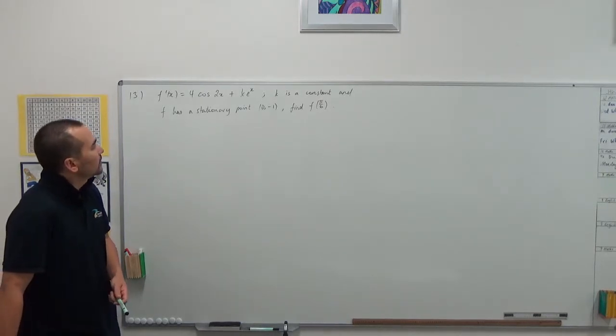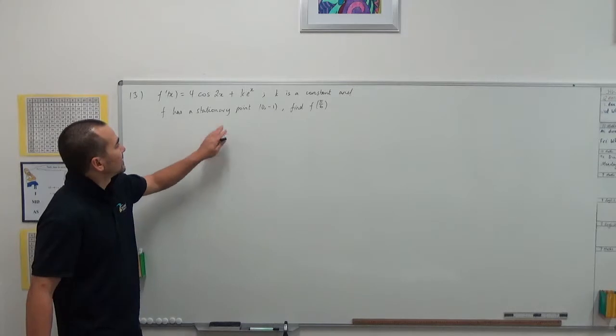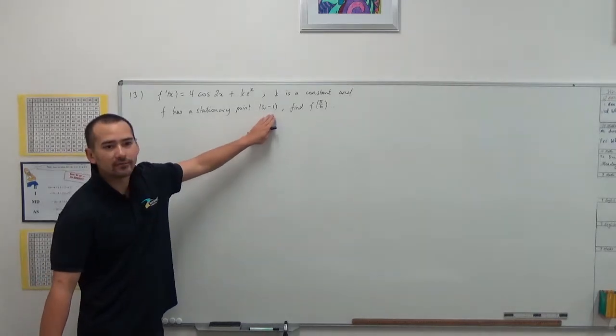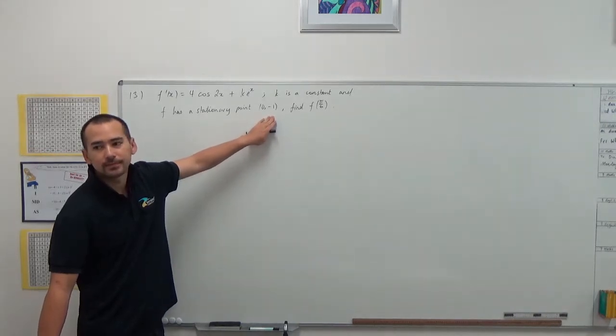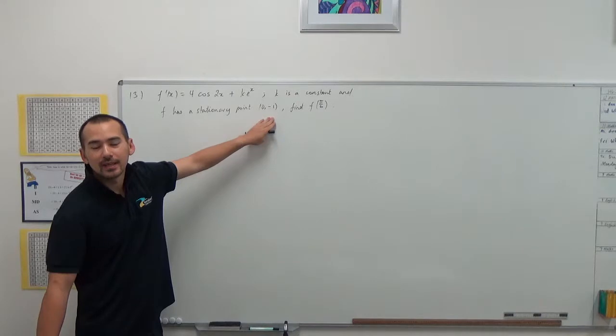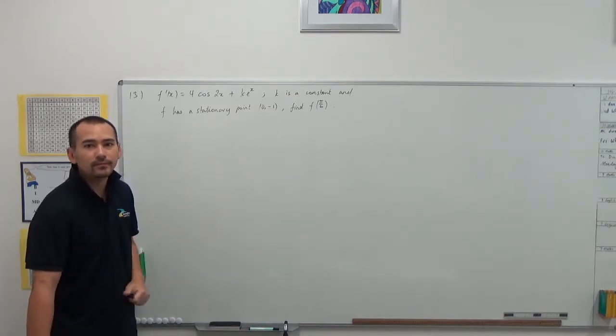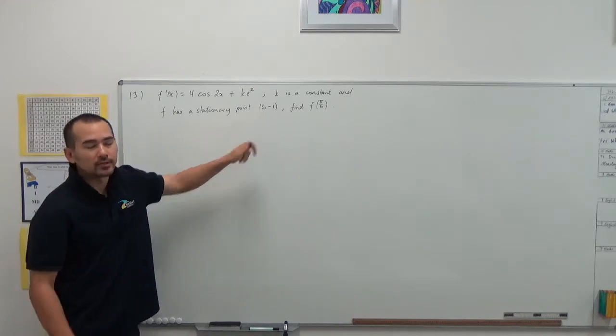So, if we know that there's a stationary point at (0, -1), what can you tell me about the derivative? The derivative is equal to 0 where? When x equals 0. That's right.